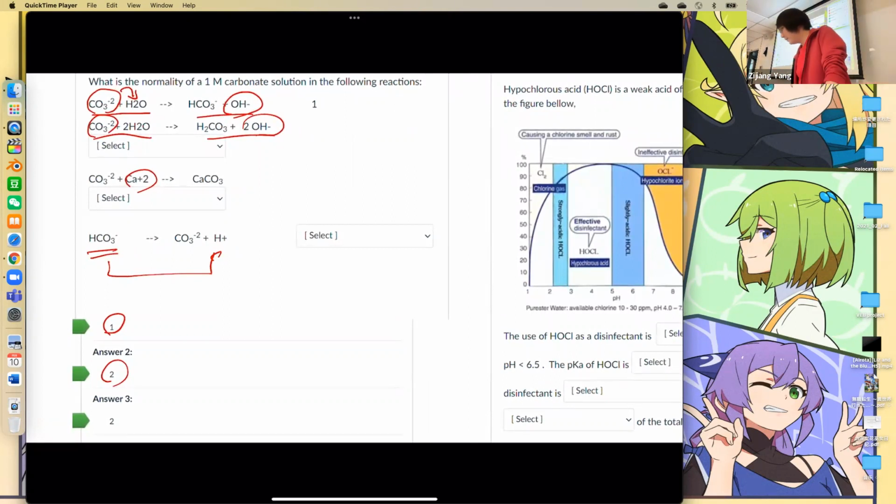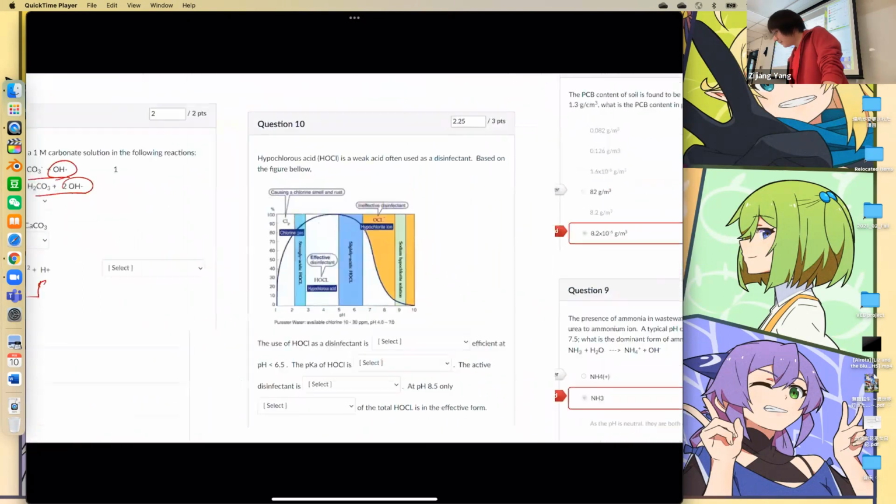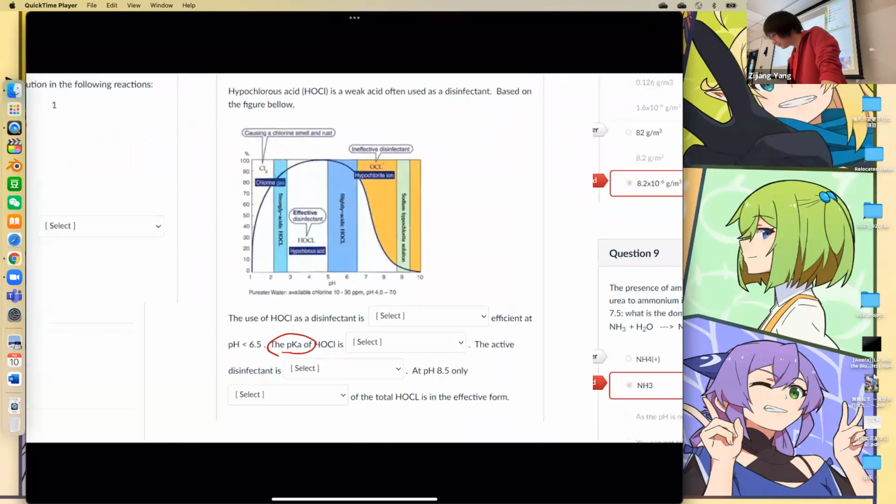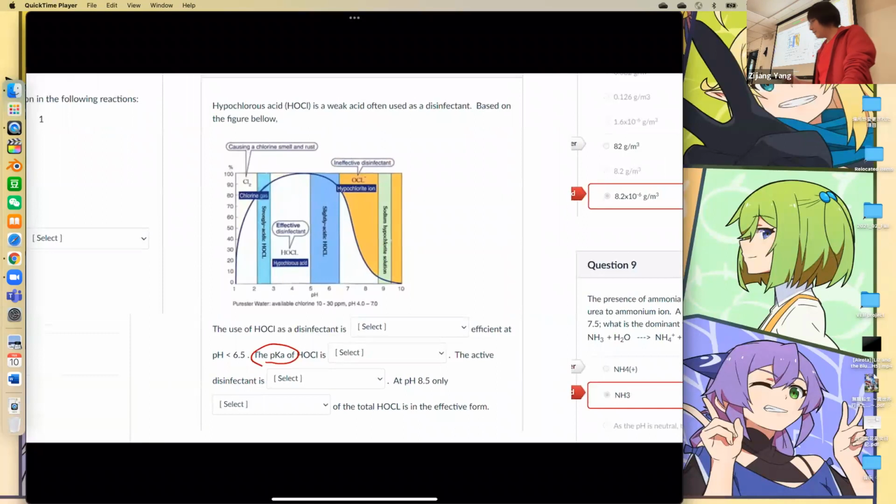So it is 1. And for this question, I think some of you have some problems with the pKa of HOCl. As I mentioned, pKa equals pH plus log10 of the concentration of the acid divided by the concentration of its conjugate base.